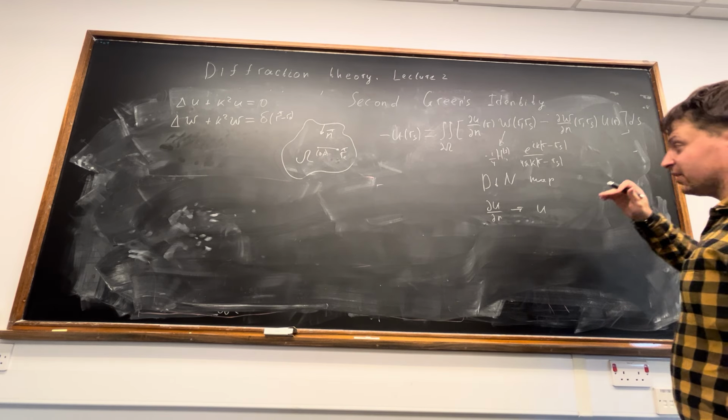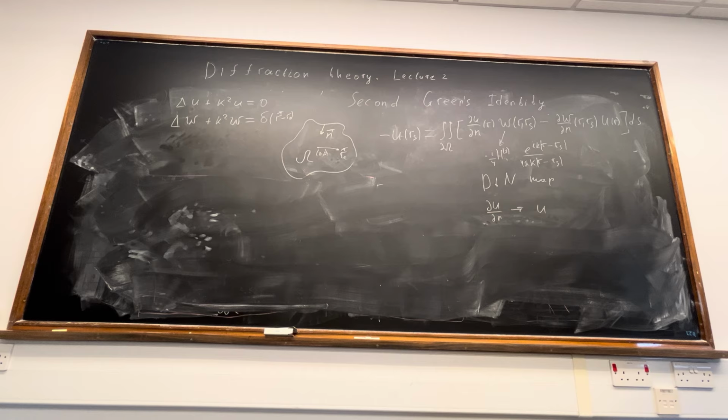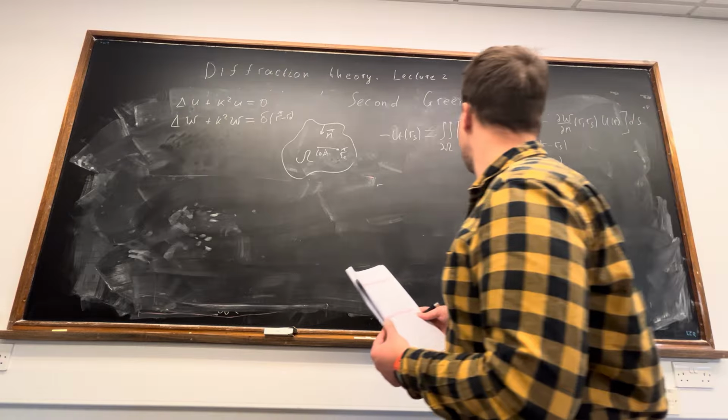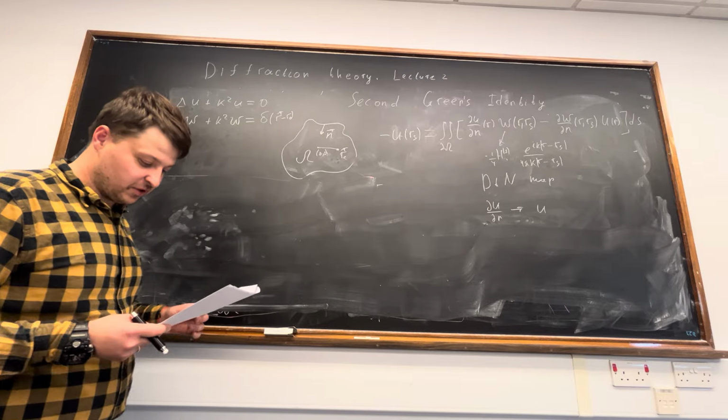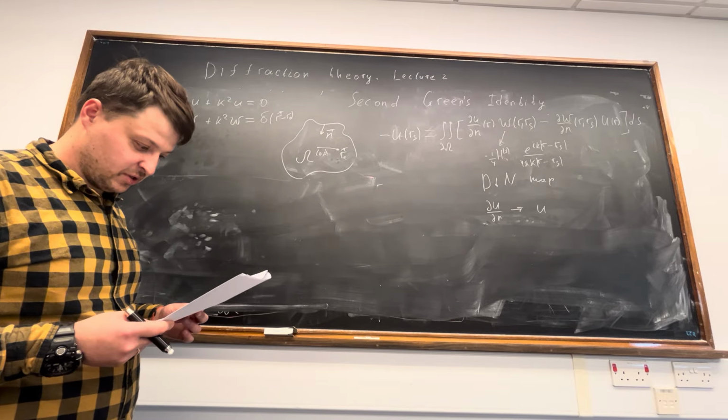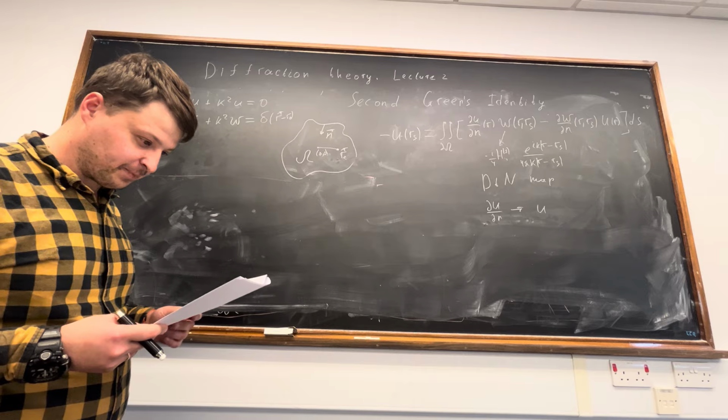Then it will be NTD map. This is like a very narrow sense to understand the diffraction problem. We build one boundary data from another boundary data. People say it, so you should be aware if you talk about this stuff. But I will not go into Dirichlet Neumann maps, so don't worry much about it.